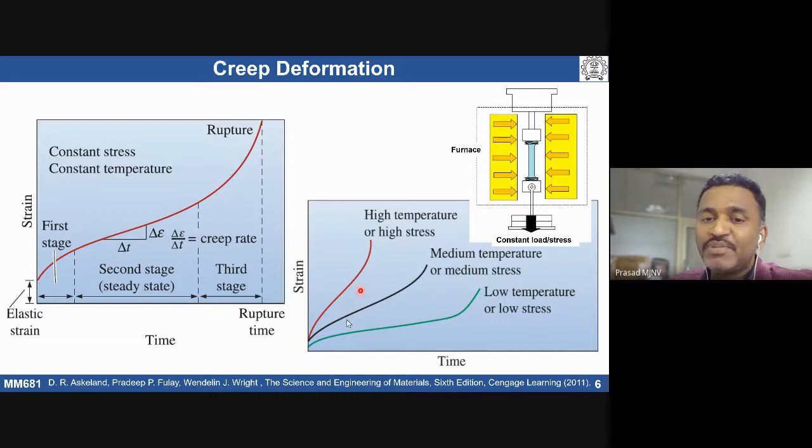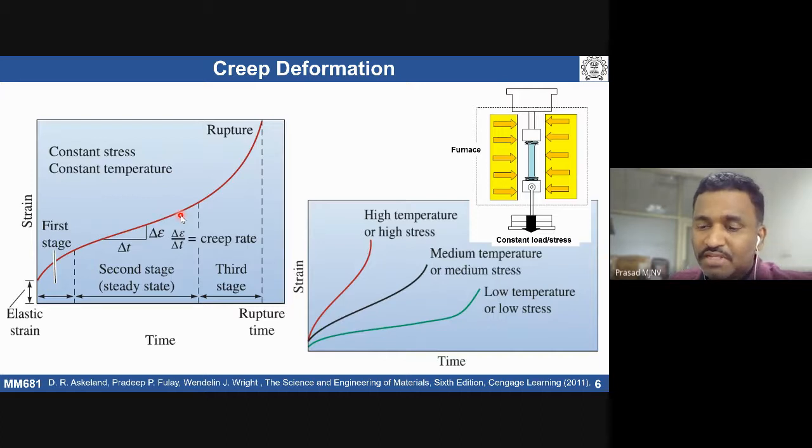Similarly, with increasing temperature we see increasing deformation. Accordingly, the duration of primary or secondary creep can get shortened with increasing temperature or stress.